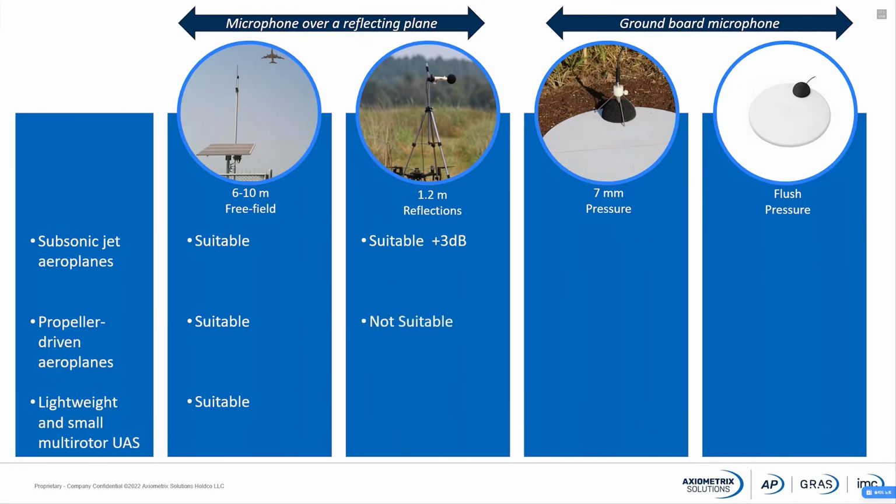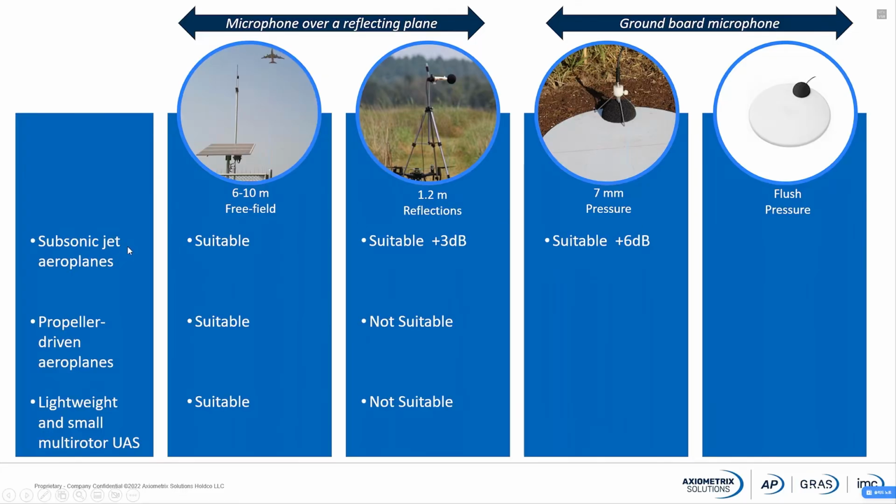It's not really suitable for propeller-driven airplanes because you have the tonal content, and it is not suitable for lightweight and small multi-rotor UAS because sometimes it is hovering and standing 100% still, and sometimes you have frequency content that is higher than 10 kilohertz and so on.